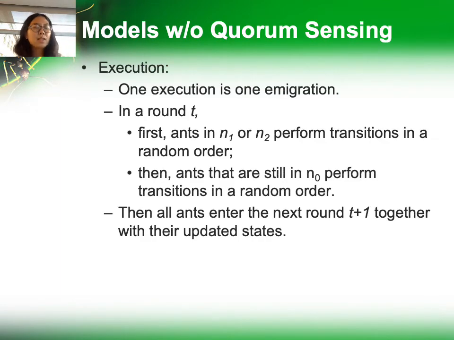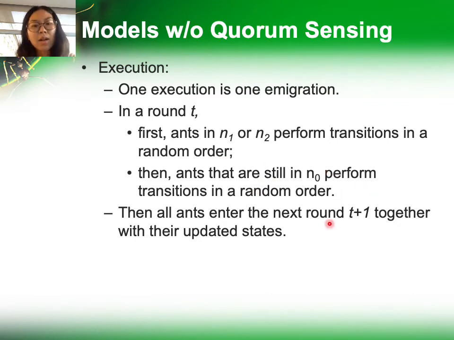Okay, and then next, we can talk about the execution model. We say that one execution is just one emigration. In a round T, first, we allow ants in N1 or N2 to perform transitions in a random order. After that, we allow ants that are still in N0 to perform transitions again in a random order. In this step, some ants in N0 will be forced to take the being-recruited route to get out of N0.